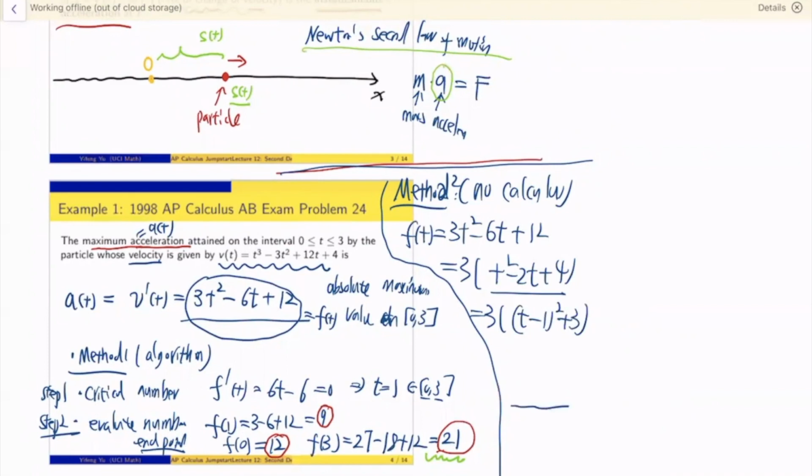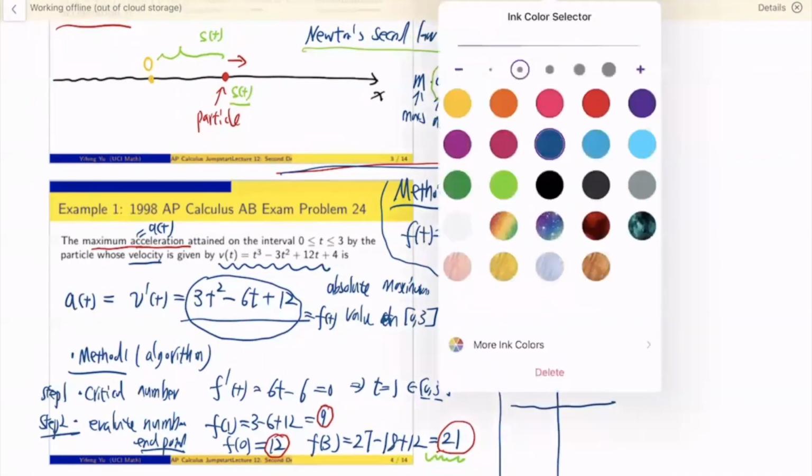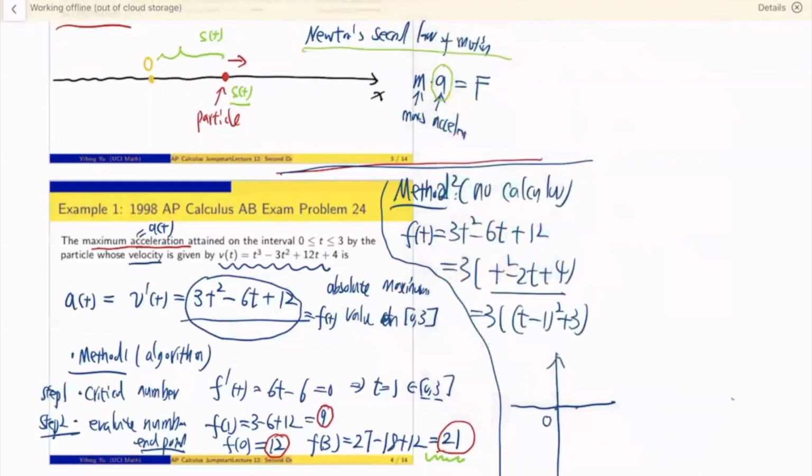If you draw the graph, this is 0, this is 1. Now we care about the 3. So this is the graph, and this is the axis of symmetry.